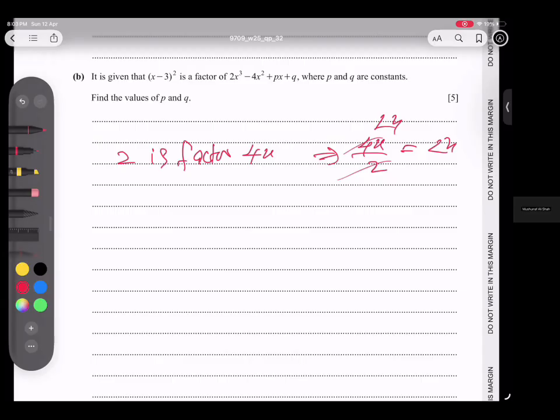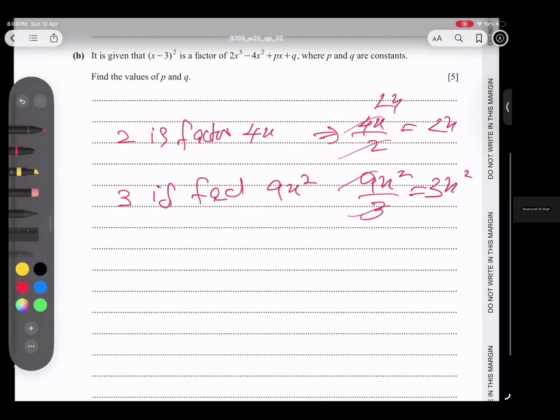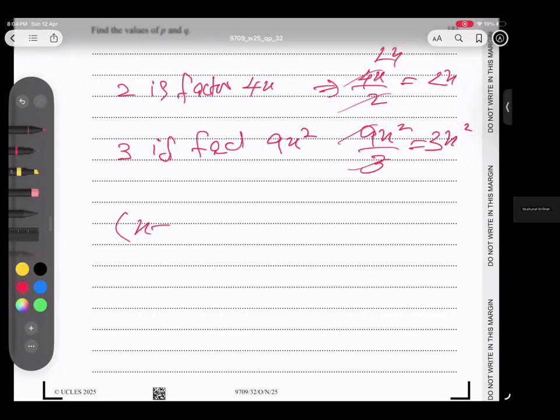If I say 3 is a factor of 9x to the power 2, I can show you 9x to the power 3, this cancels out. Same, I can say x minus 3 is a factor of 6 into (x minus 3) to the power 3, and check whether it is a factor or not.